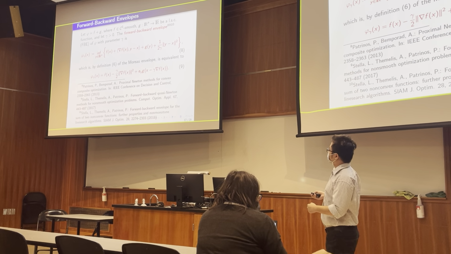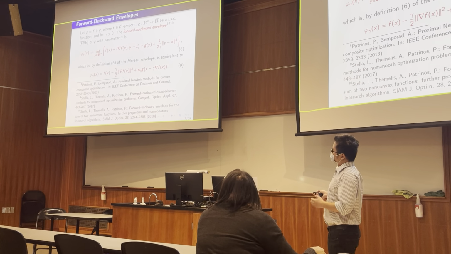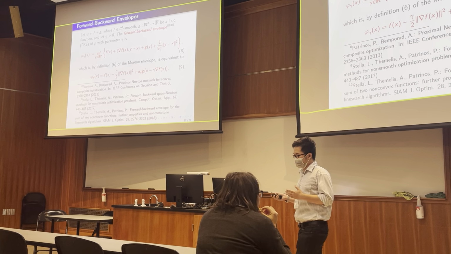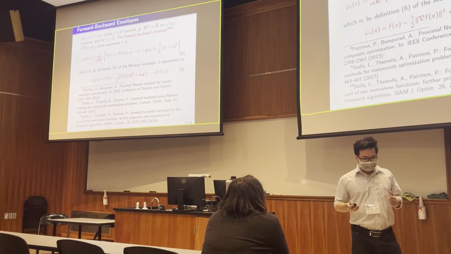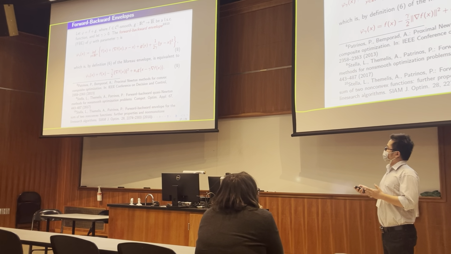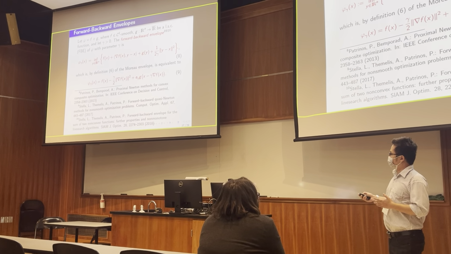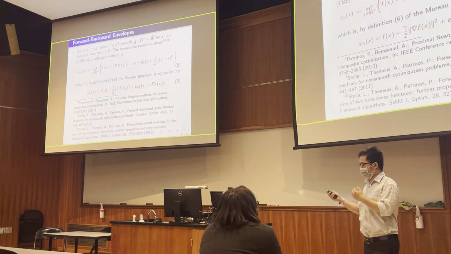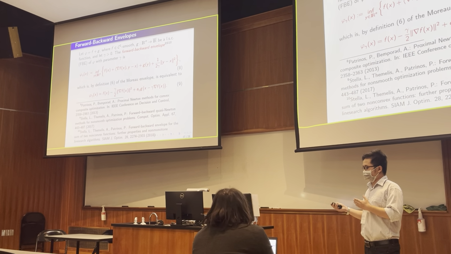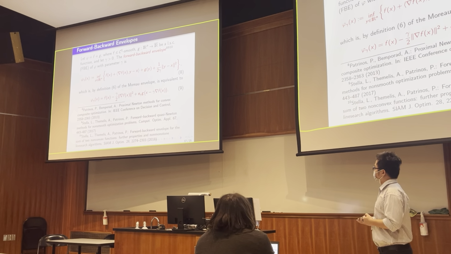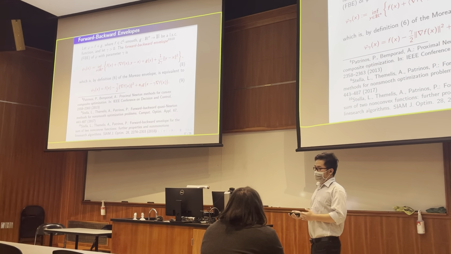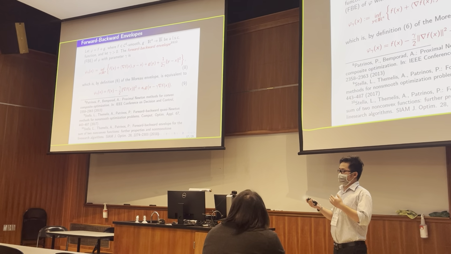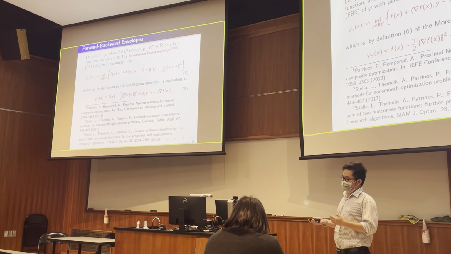That notion was first introduced by Patrinos and Bemporad in 2013, in the paper on a proximal Newton method for convex composite optimization. Their motivation was to give another way to solve composite optimization instead of using the proximal Newton method, because in some cases the proximal Newton method cannot be used due to the complication of the subproblem.